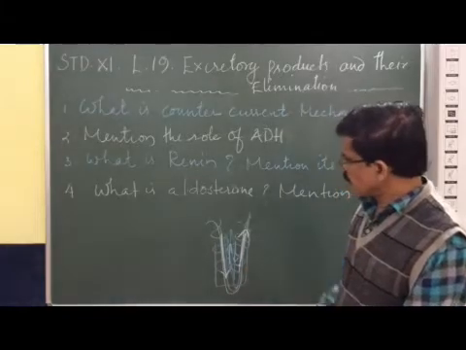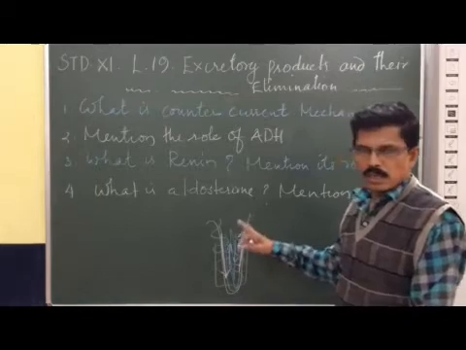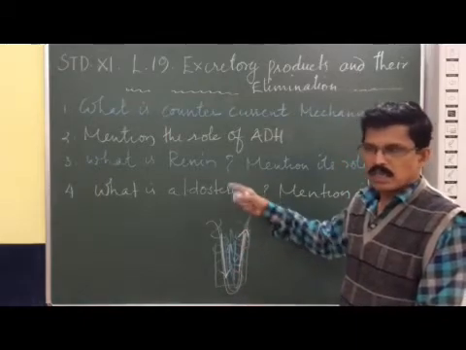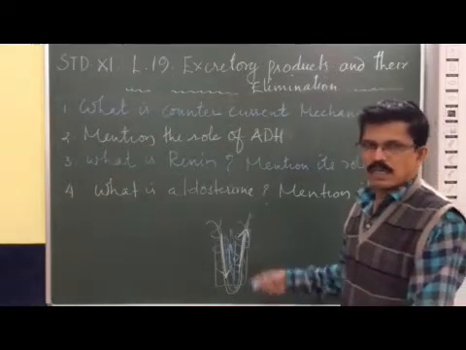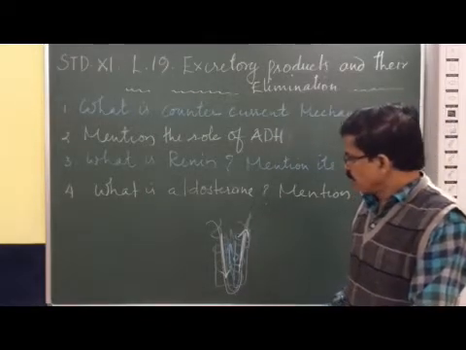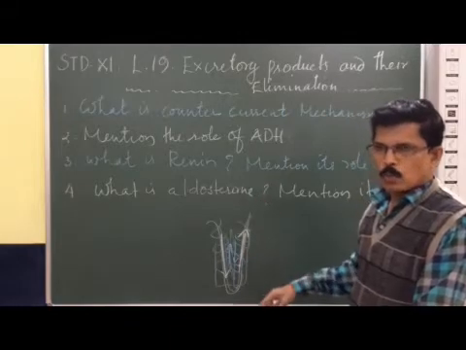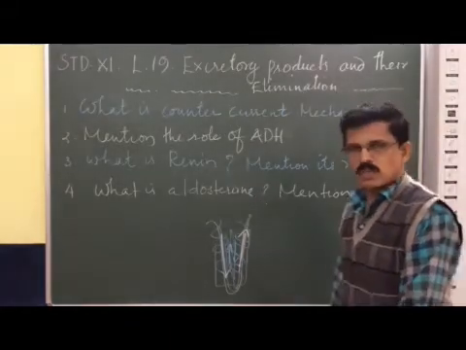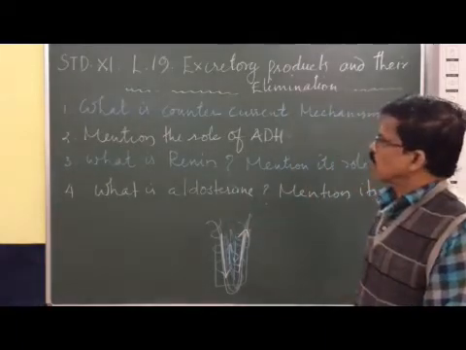So the counter current system means the filtrate moves in one direction in the Henle's loop and the blood flows through the vasa recta in the other direction. They flow in opposite manner. That forms the counter current system.